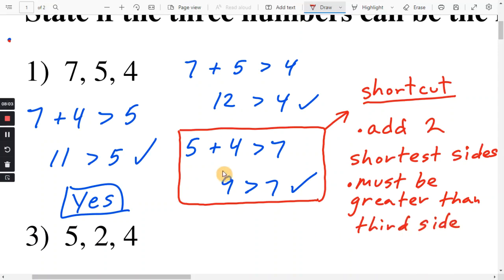All right. So really you only have to do one of them. You can do all three if you want.